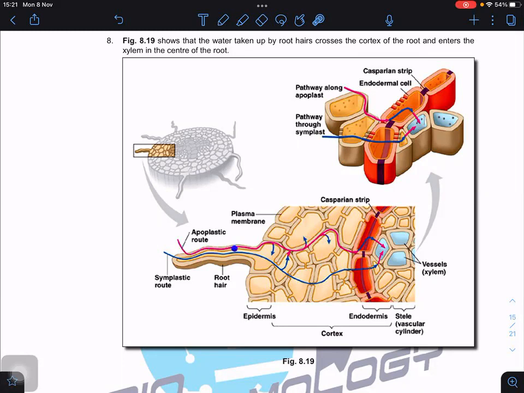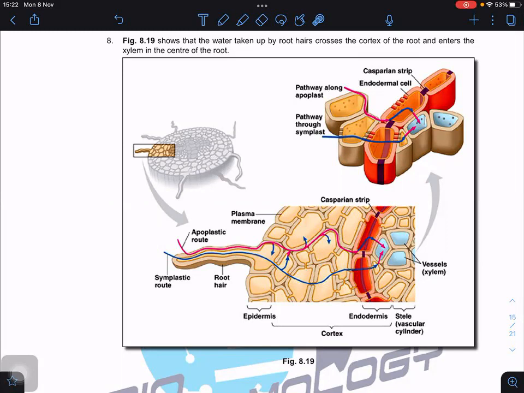So the apoplastic pathway will continue, but when you reach the Casparian strip, as I said, it blocks the apoplastic pathway, then the water molecule has to change the mode of transportation from the apoplastic pathway to the symplastic pathway. So the symplastic pathway will continue, no issues, all the way into the xylem vessel element.